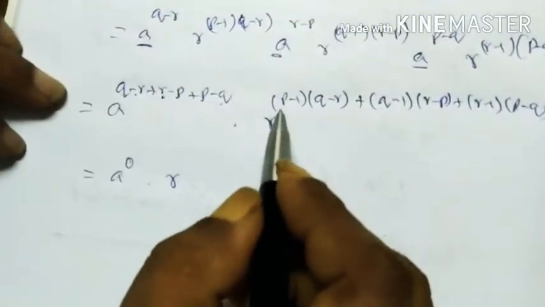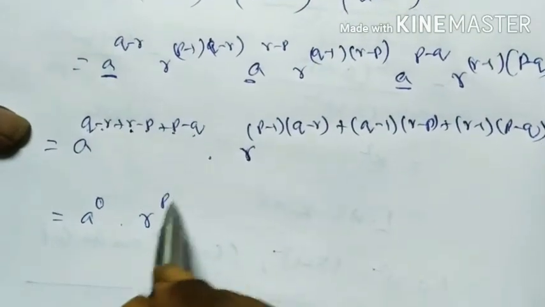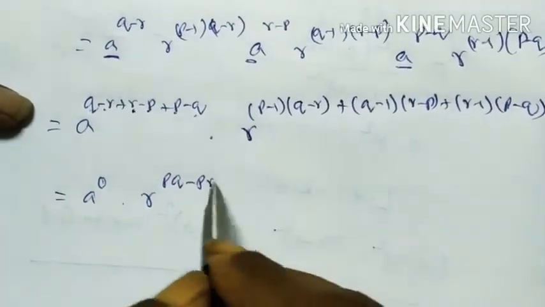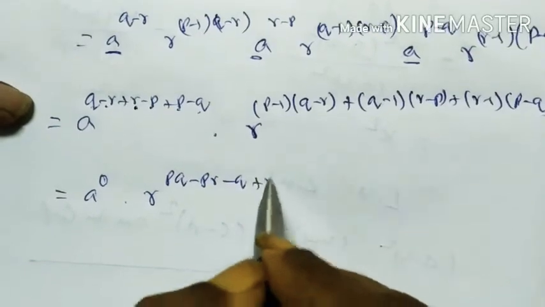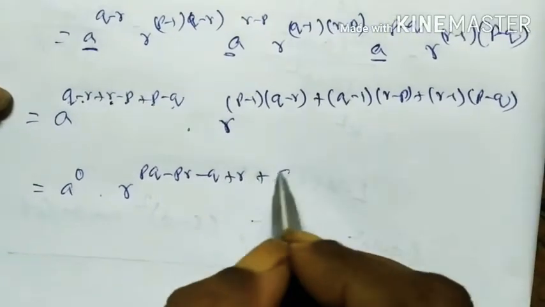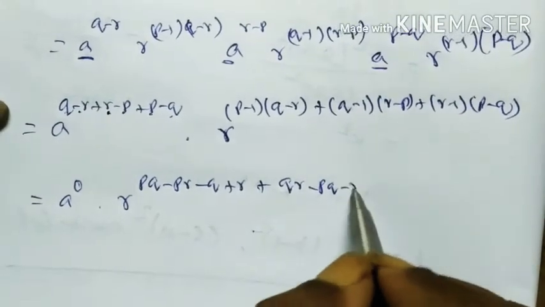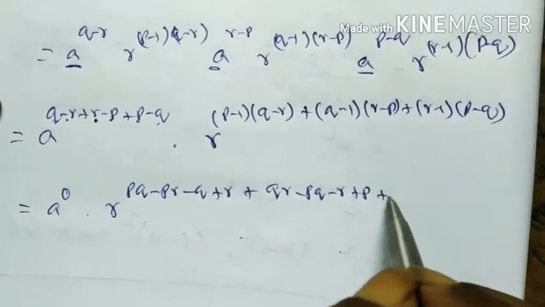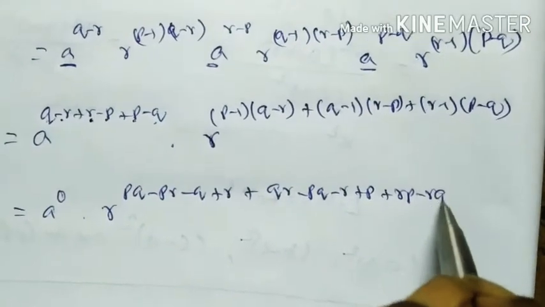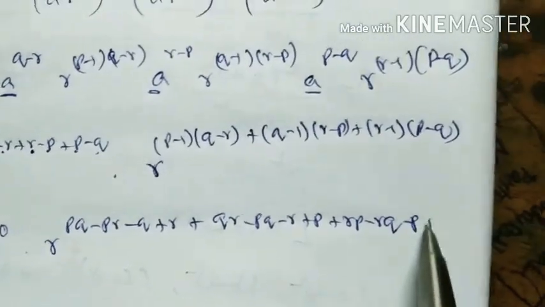Now for r, I am going to multiply it here. This is pq minus pr minus q plus r. Here again qr minus pq, then minus r plus p, and again rp minus rq minus p plus q.